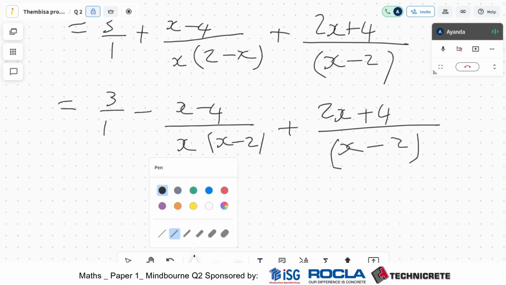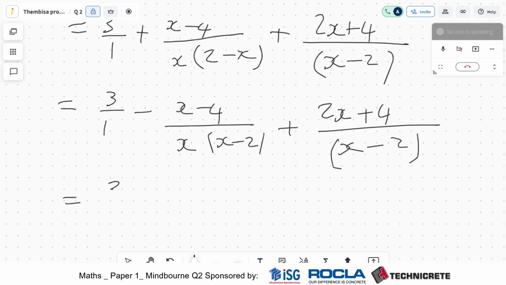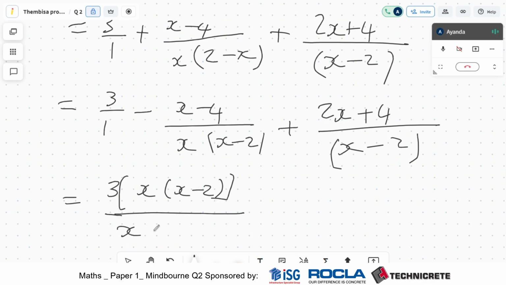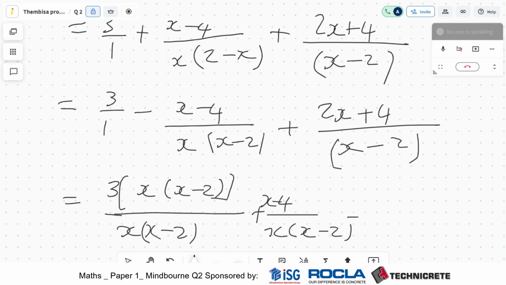So we would have 3 times x times x minus 2 over 1 times x minus 2, which is just going to give us x times x minus 2, plus x minus 4 over x times x minus 2, plus the only thing remaining in this denominator would be an x.